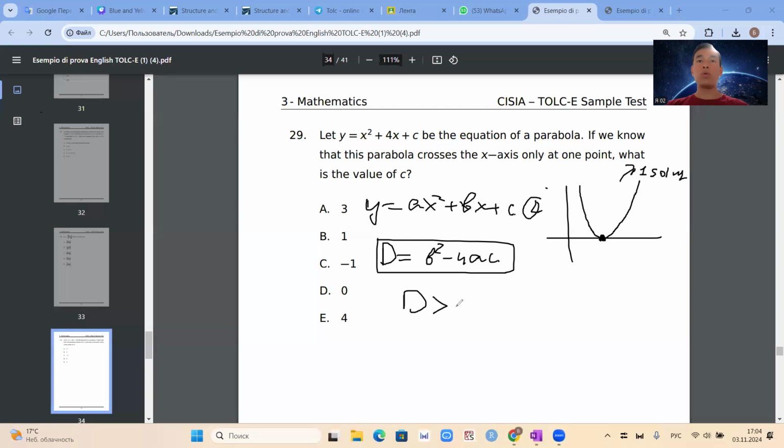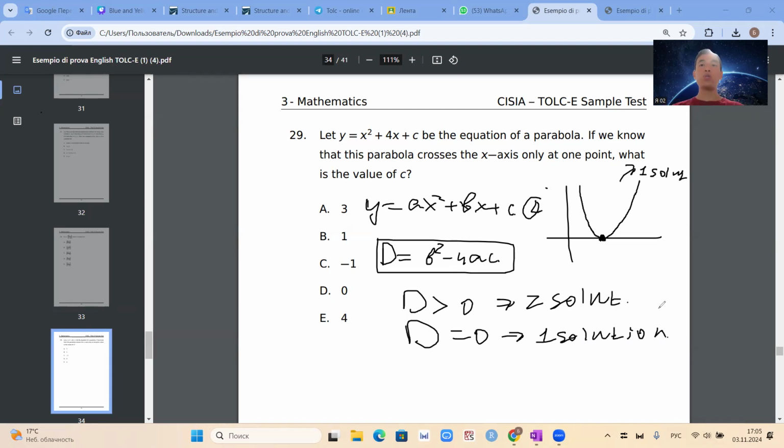When the discriminant is more than 0, it means that it has two solutions, or two roots, and we can imply that it crosses the x-axis at 2 points. When the discriminant equals 0, there is only one solution, so it crosses the x-axis at 1 point.